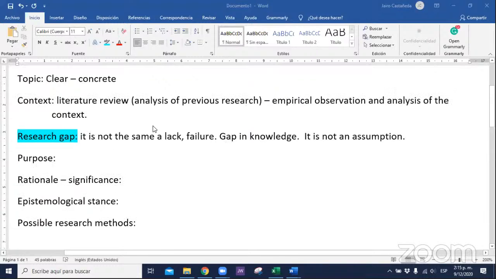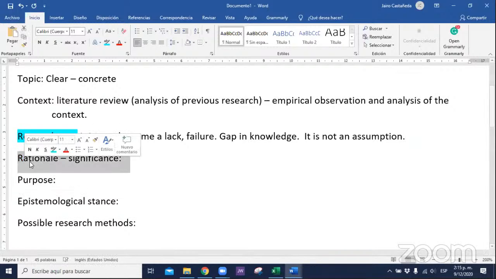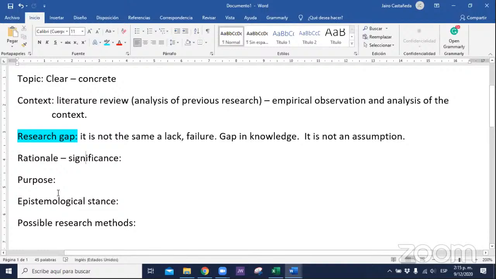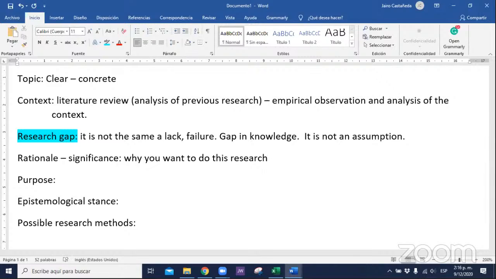And also, when you have this research gap, you imagine that with this contextualization there is going to be a rationale. It could come previously or after, but there is a rationale. So why do you want to do this research? It is not just because.